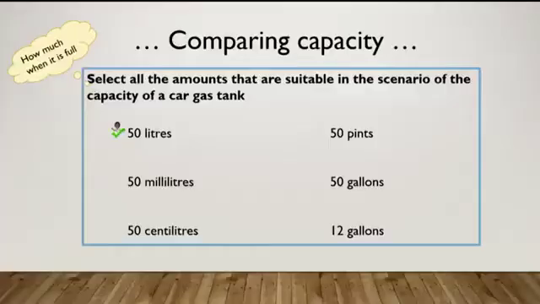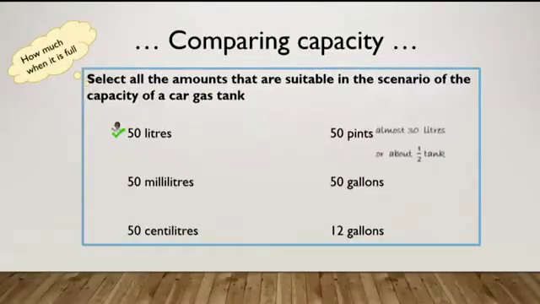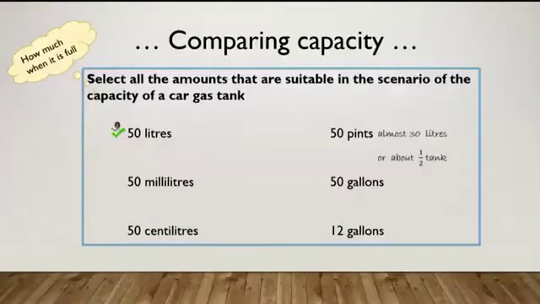We wouldn't have that either. 50 pints. 1 pint, 50 pints, not a car gas tank either. 50 pints is about half of the gas tank, 30 liters. 50 gallons is a whole lot. 50 gallons, 50 of this.